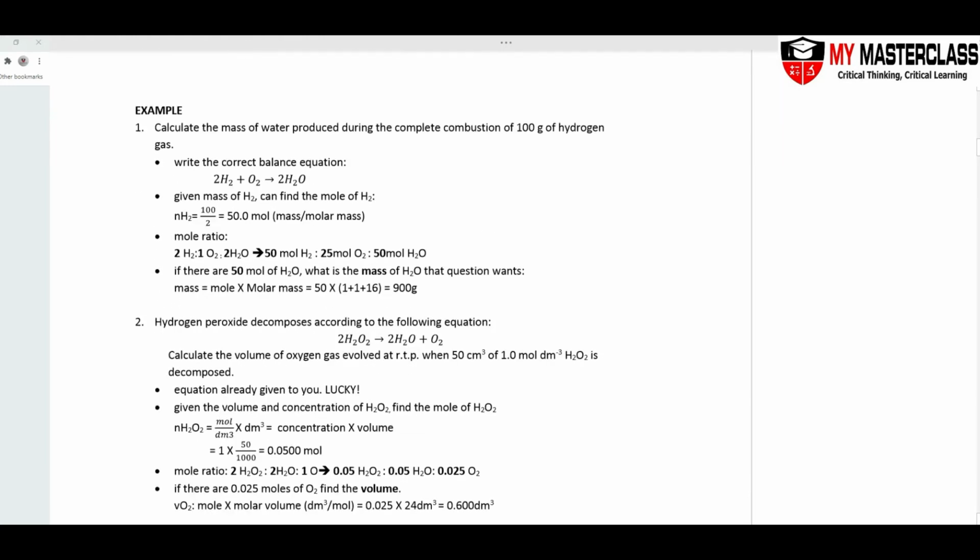First example: calculate the mass of water that is produced when 100 grams of hydrogen undergoes combustion. Combustion means burning, so you have to know hydrogen reacts with oxygen to give water. Balance up your equation, you have a 2 is to 1 is to 2 ratio.